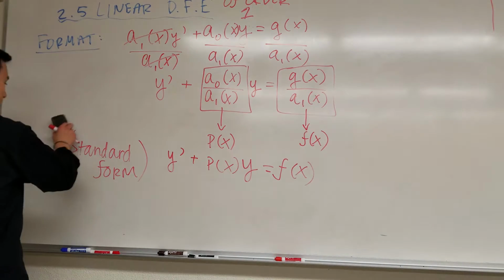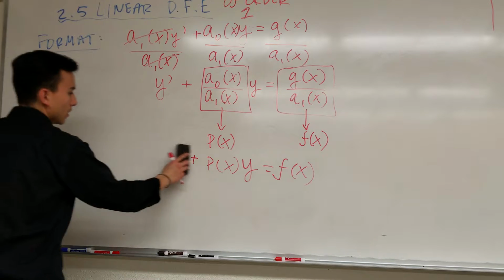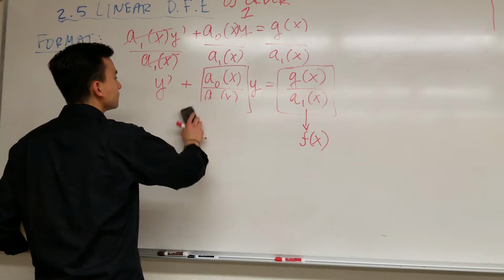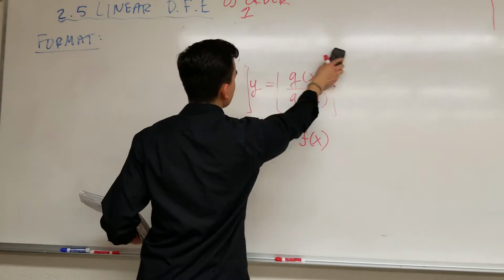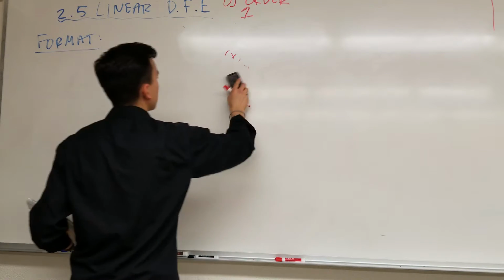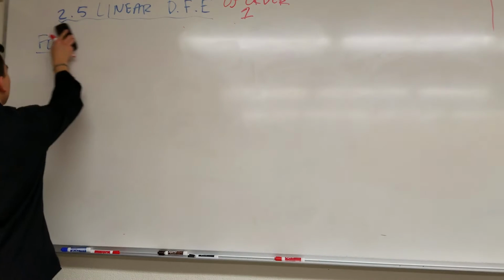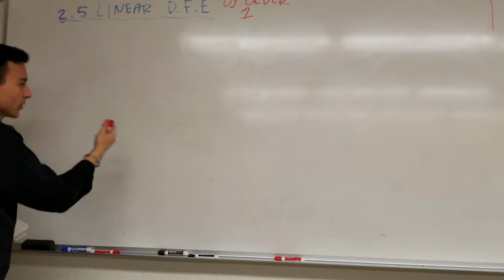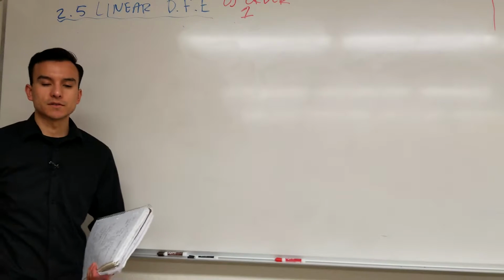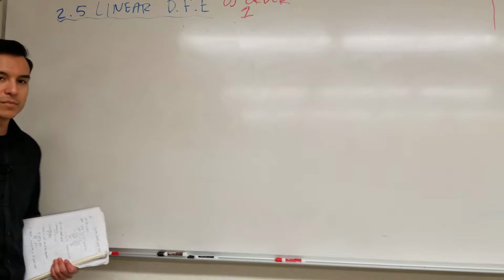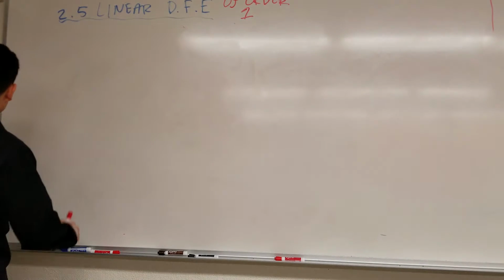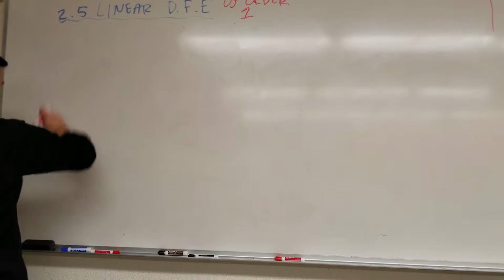Okay, so we're going to move on. Like I said, it's always going to be important to convert it to standard form, because you might see it in the beginning format, and what you want to do is convert it to the standard form to make it easier to do this method.